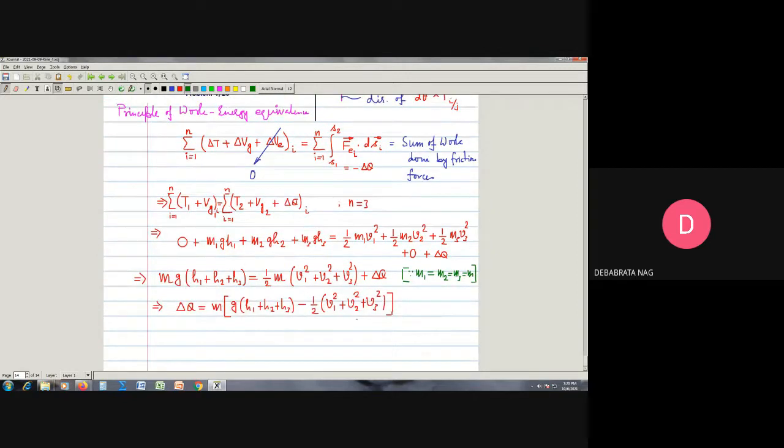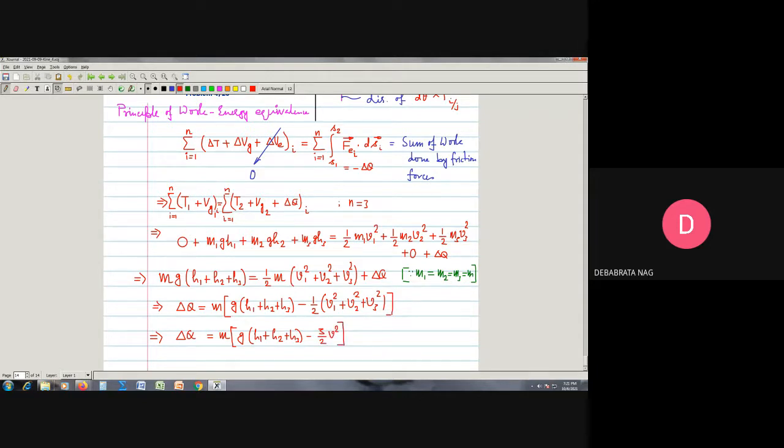So since all these velocities are equal, we can further write this equation as delta Q, that is the total energy loss because of the friction forces. It will be equal to M into G into H1 plus H2 plus H3, minus 3 by 2 into V square.